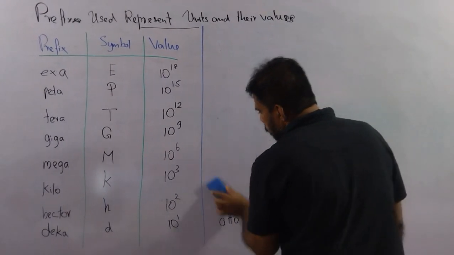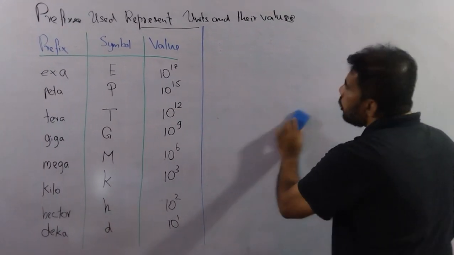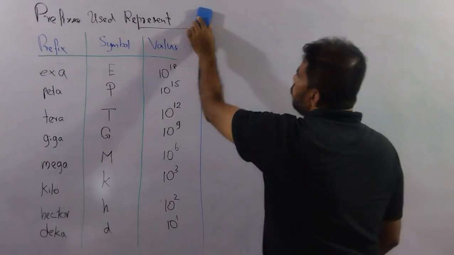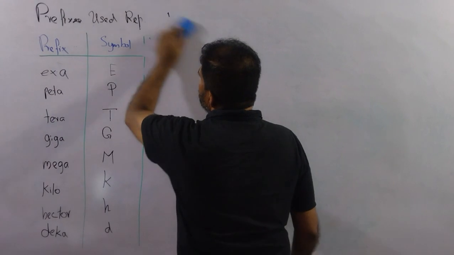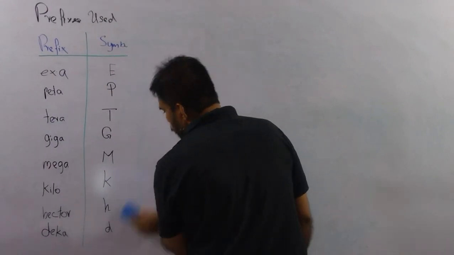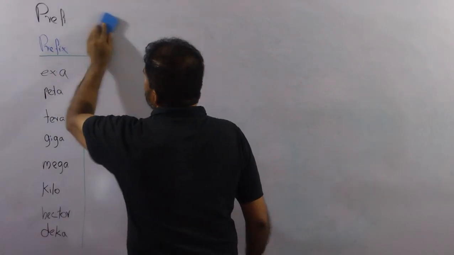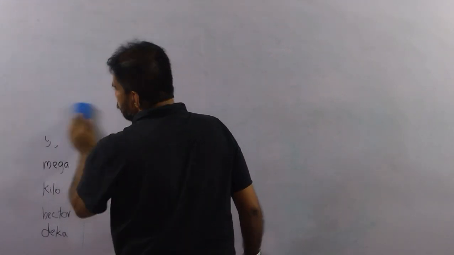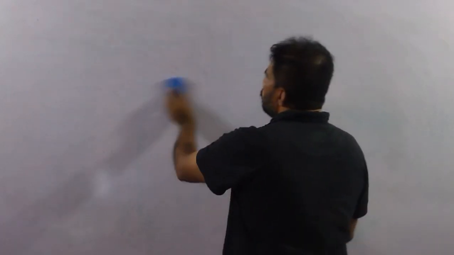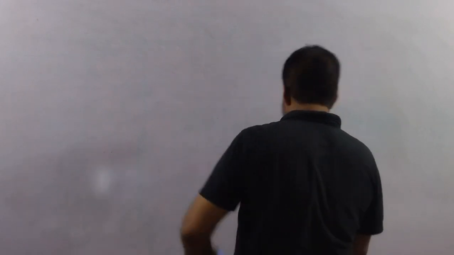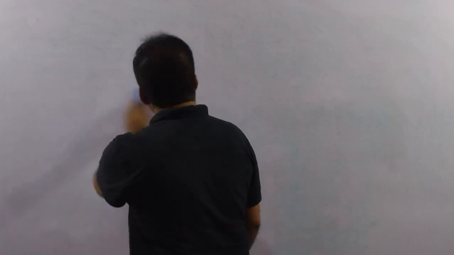That is rules to follow when we are representing or presenting units. This is also important, even though we are not giving much importance to these concepts. Why?